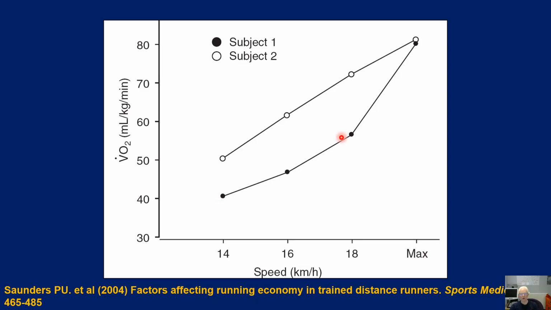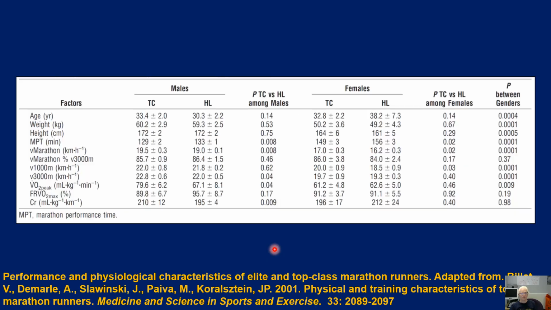So subject 1 across these speeds here is far more economical than subject 2, because subject 2 is using about 10 mils per kilogram per minute more oxygen at each of these exercise intensities. So we see quite simply, quite diagnostically, don't we? We can see the economy profile of these two athletes.